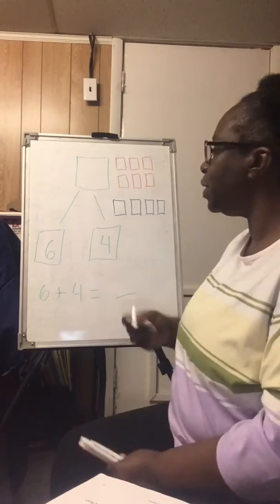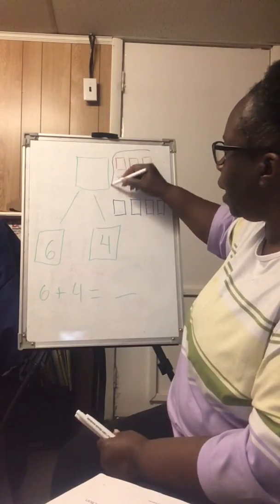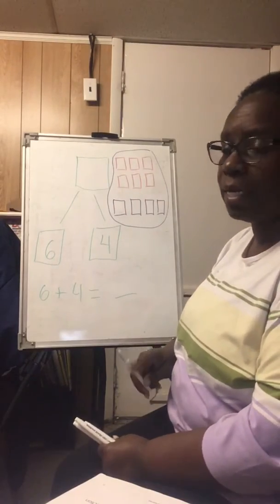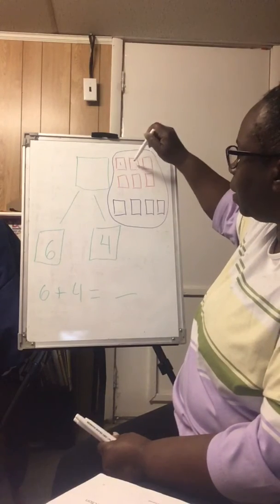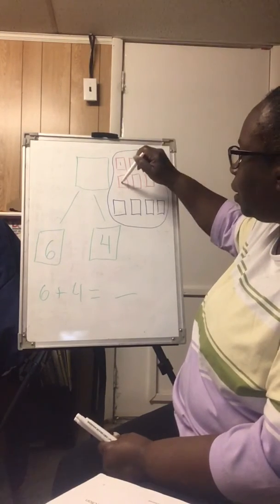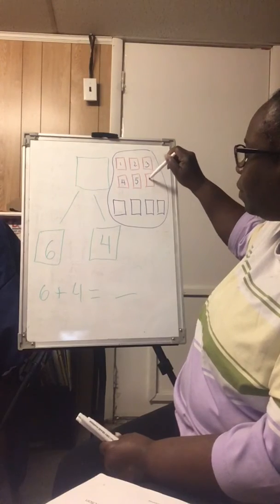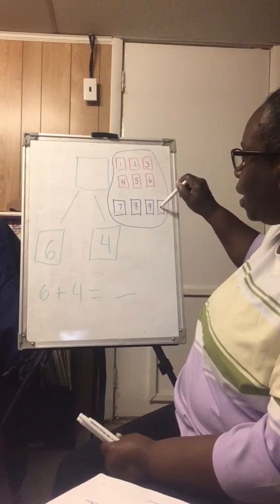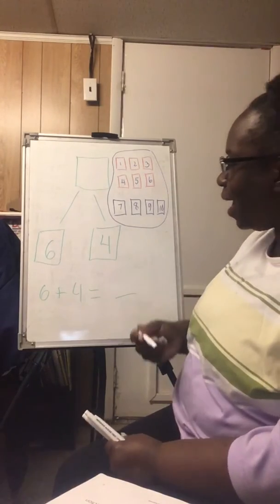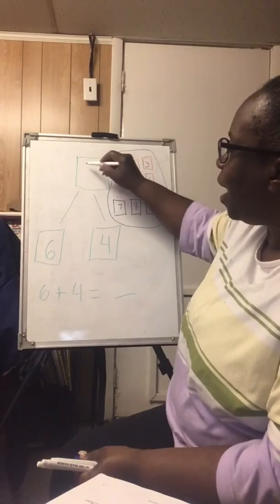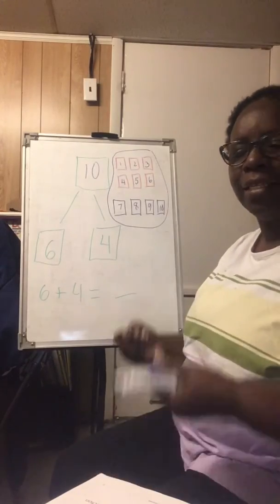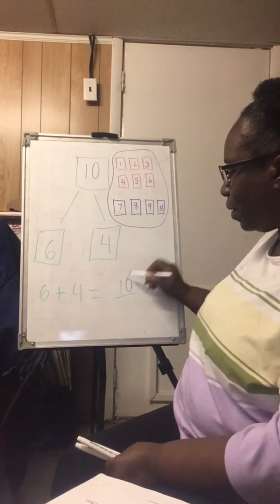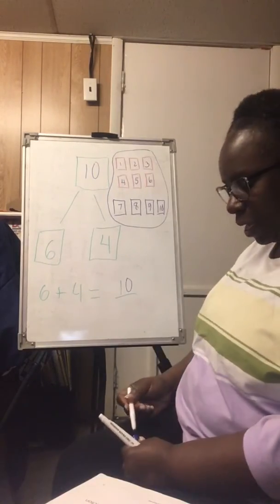And now all you have to do is add all of this together to get our big number up here. So this time you're looking for the big number. So let's count. 1, 2, 3, 4, 5, 6, 7, 8, 9, 10. Our big number will be 10. So that means 6 plus 4 equals 10. Equals our big number. Okay?